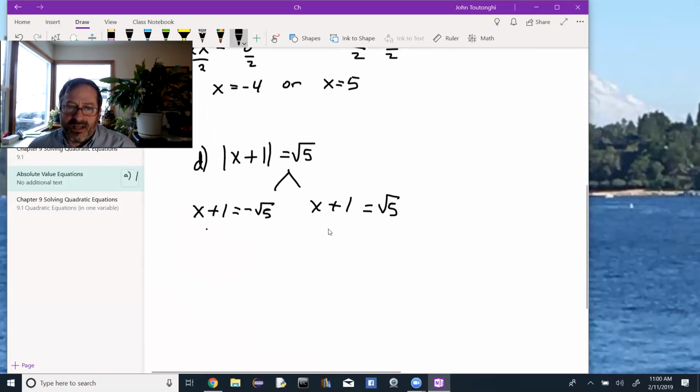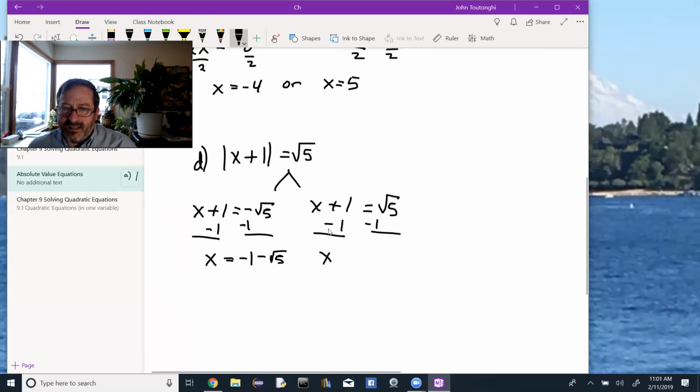And then we would need to subtract 1 from everything here. And because 1 and root 5 are not like terms, we would put that negative 1 in front. And here I would get negative 1 minus root 5.